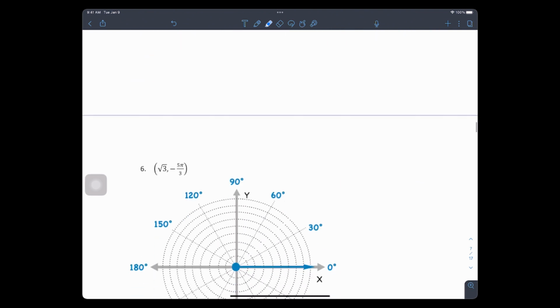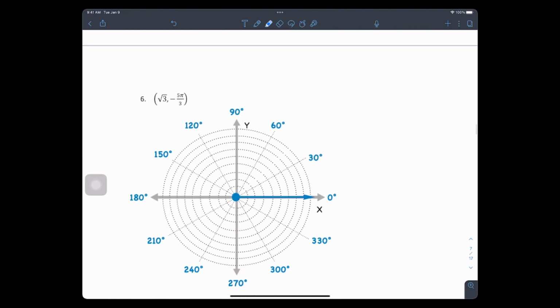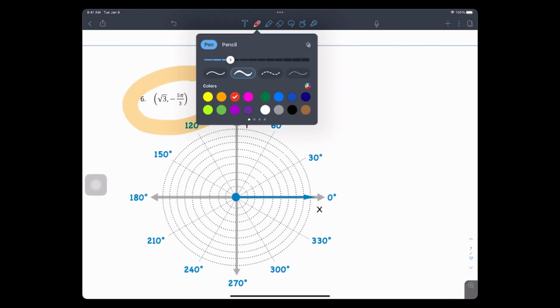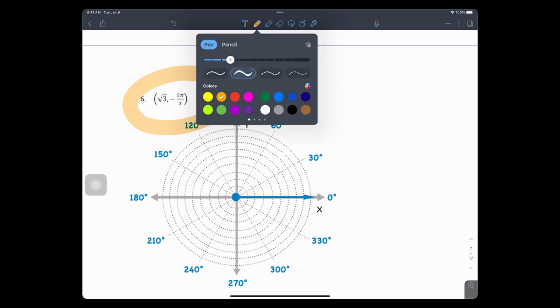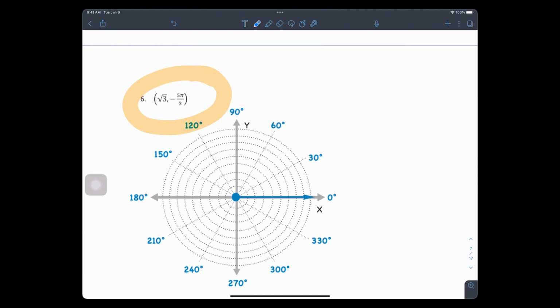Like, for example, here, they give you a polar coordinate. Just to go back, this conversion, this is polar. We can do it. You need to say, okay, is x r cosine theta, where my radius is the square root of 3.